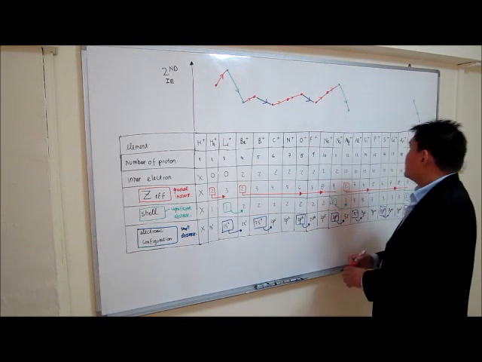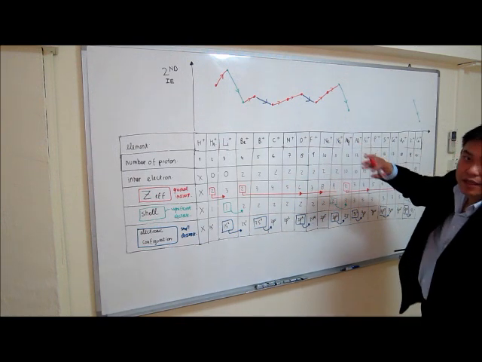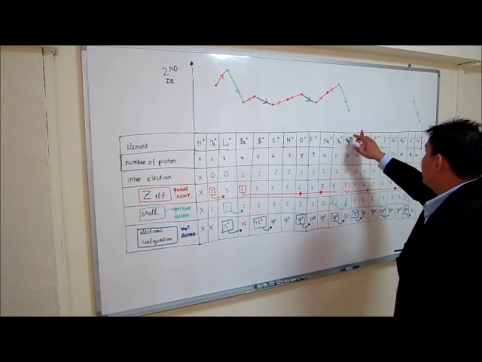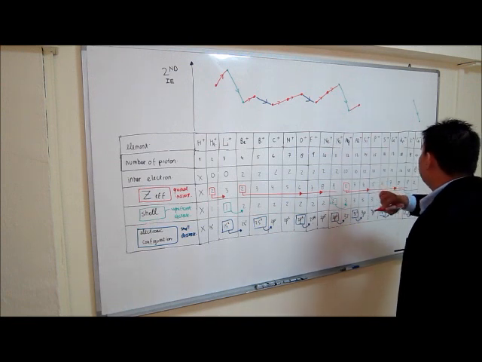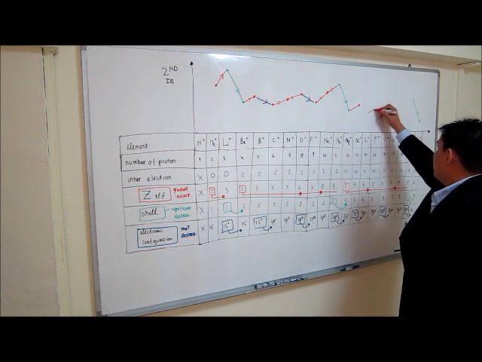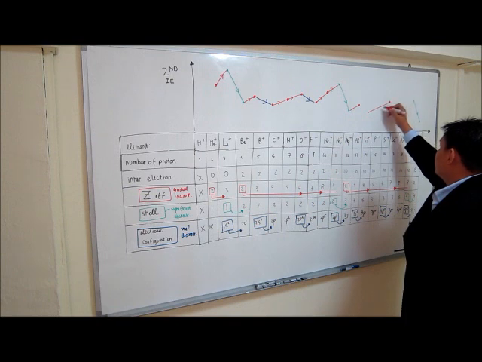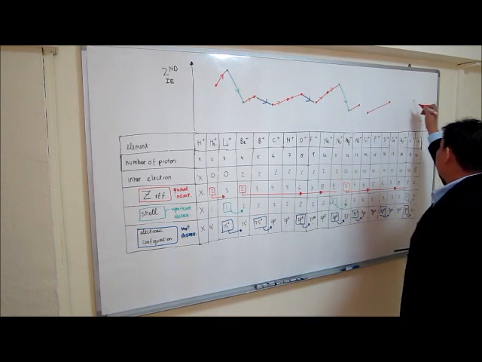We are going also to draw the same similar pattern from Mg+ to K+, a slight increase from magnesium to aluminium. Gradual increase also from silicon to sulfur.